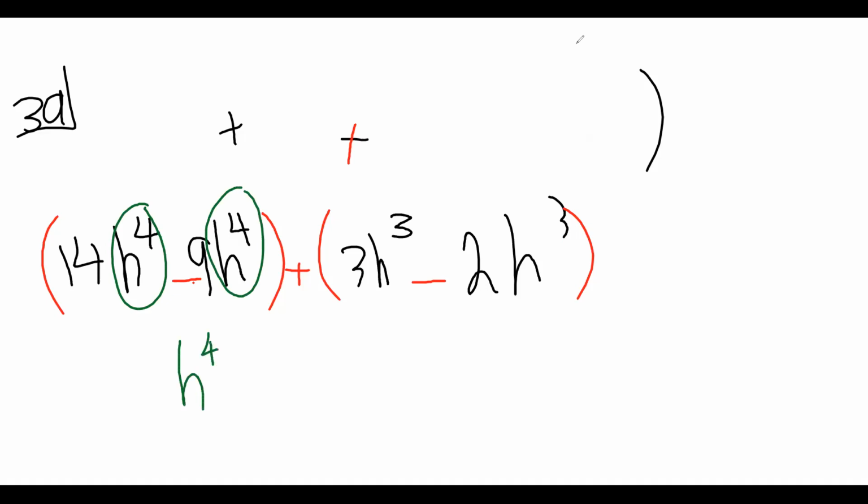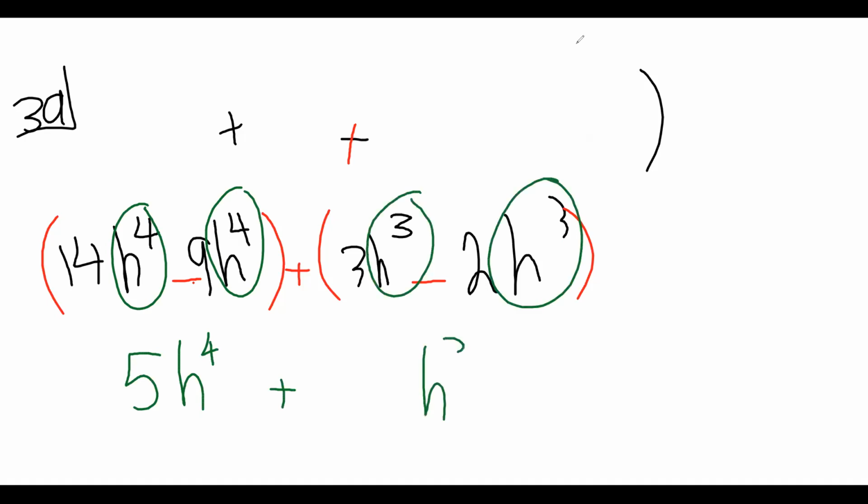Then 14 minus 9 is 5, is it right? Yes. So 5h to the power 4 plus h cubic. Then 3 minus 2 is 1, and we keep it as h cubic. So the final answer here is 5h to the power 4 plus h cubic.